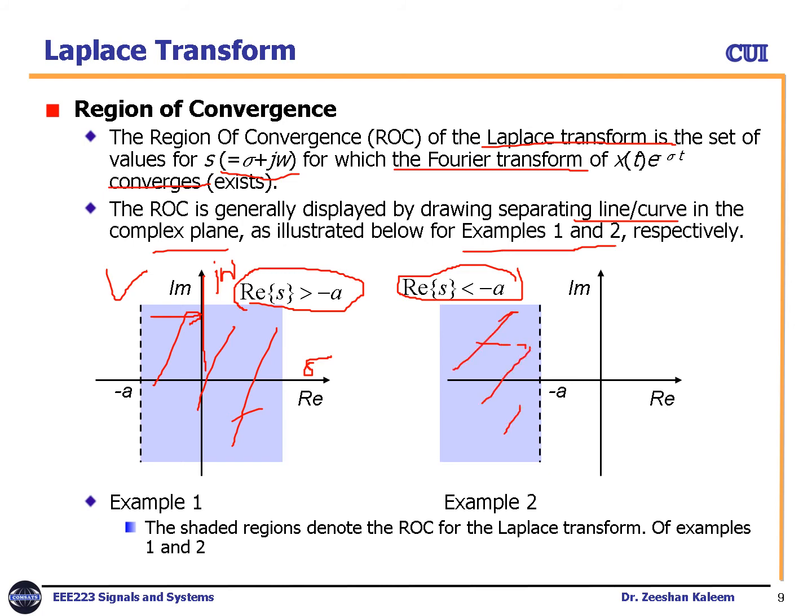If you have real of s greater than minus a, then the Laplace transform of that function doesn't exist. So we concluded that the equation alone is not enough to understand the Laplace transform. We also need to know where the region of convergence lies. Otherwise, you cannot properly find the Laplace transform.